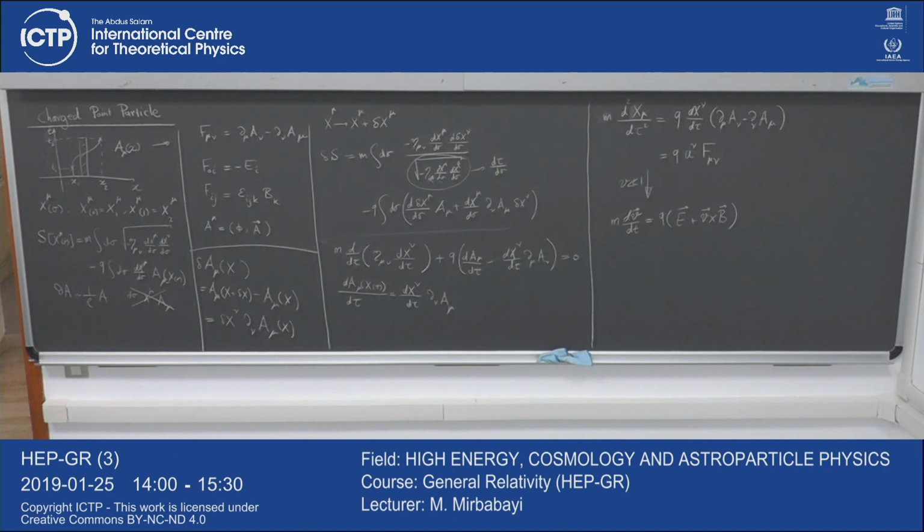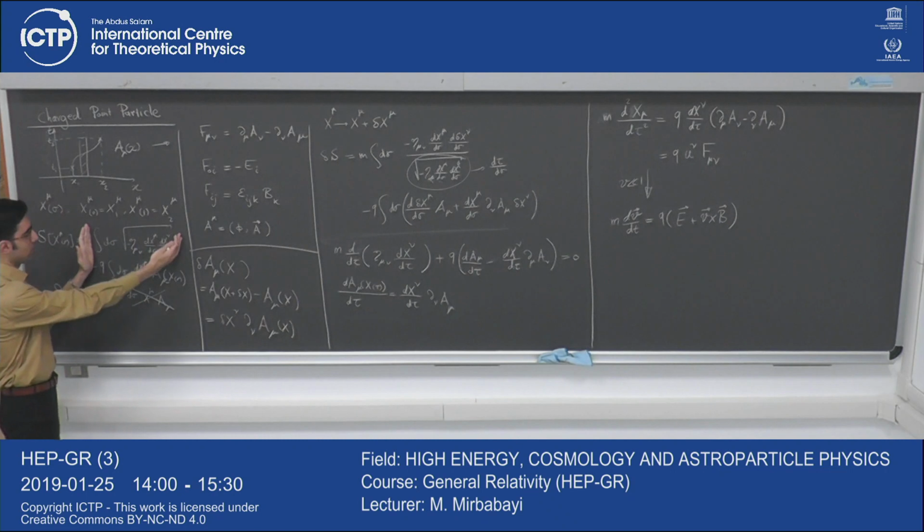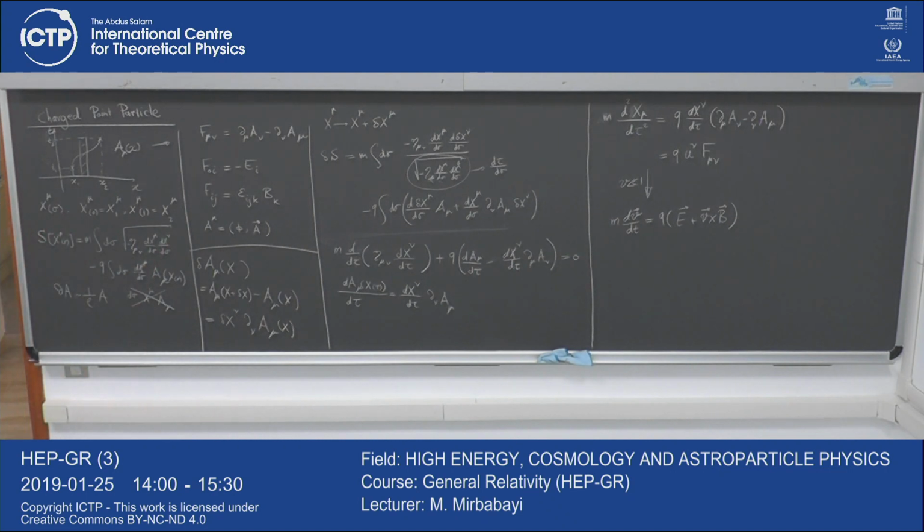That would still be extremized by the straight line, right? If there was no force here, then once you extremize the length, you have also extremized length squared or any function of the length. So you could imagine writing actions which are more complicated, not just the integral over the world line, but say the square of this quantity.